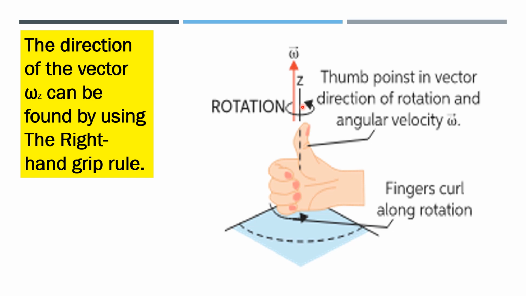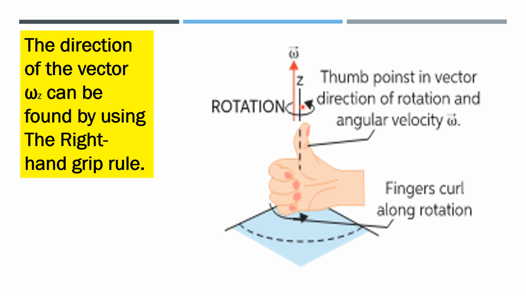If you are looking at a piece of paper on your desk, or if you are looking at the screen of your computer, imagine that there is an axis perpendicular to the screen. Then you use your right hand grip rule.